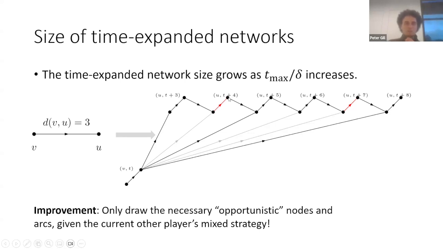I might hope to escape using that node, U t+4, and escape somewhere else. But I could have done the same thing if I just went quicker in the first place and left at time t+3 instead, and completely evaded the police over here. So there's no point in me traveling along the second arc.